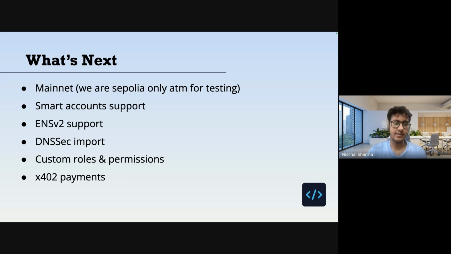So how does this have a role in Enscribe? Suppose you have API keys, and you can create an API key to make changes to subnames and all that. Now suppose you have an AI agent that handles all your ENS names. Via X402, even if you don't have an API key, even if you haven't created an organization, this AI agent can still use our Enscribe dashboard and platform by making an X402 payment and using our APIs.